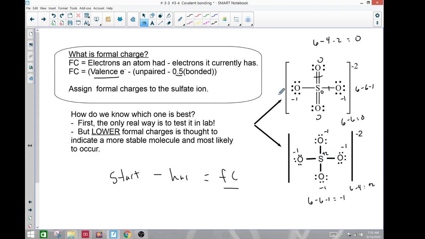So all we do here is look at who has the lowest formal charges. Again, this is still just on paper, but we typically say lowest formal charges is likely the option that's going to happen in real life. It's more stable, and therefore is more of a common substance that might be actually happening in nature.